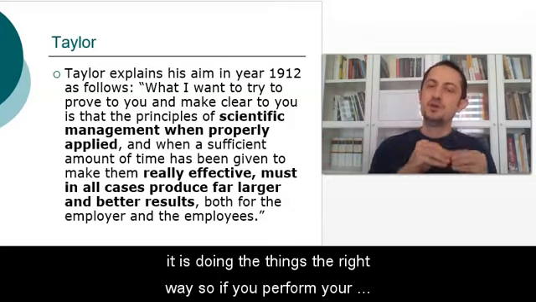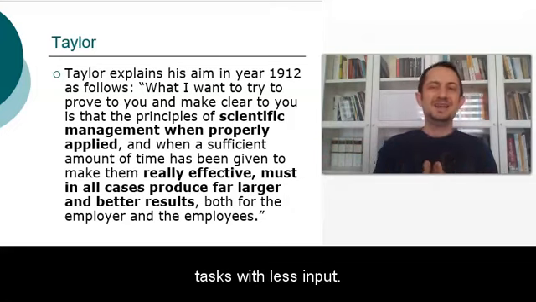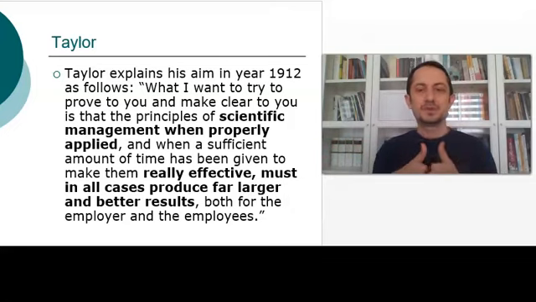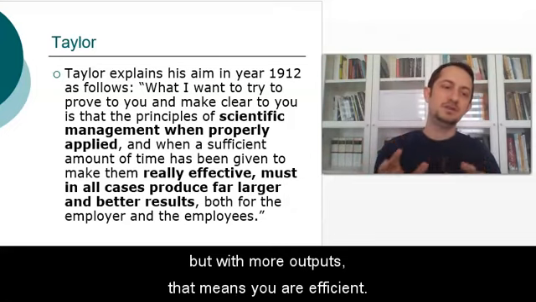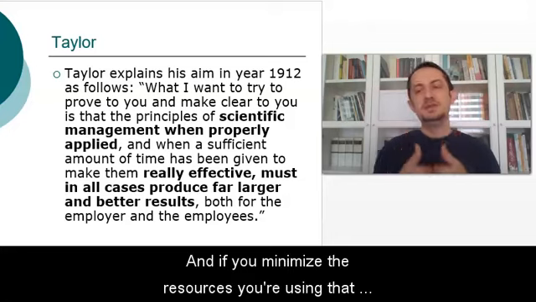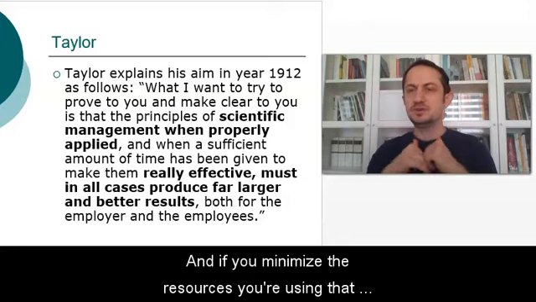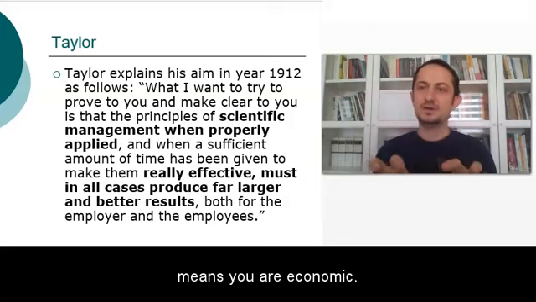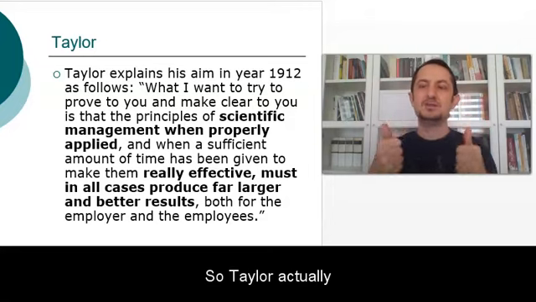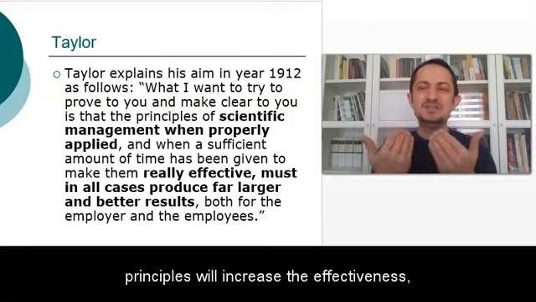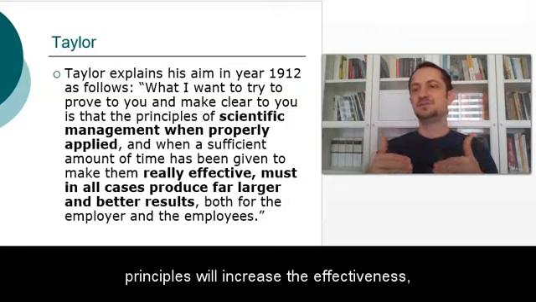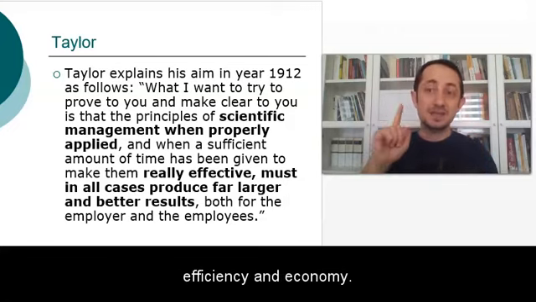So if you perform your tasks with less inputs, but with more outputs, that means you are efficient. And if you minimize the resources you're using, that means you are economic. So Taylor actually believes that implementation of scientific management principles will increase the effectiveness, efficiency, and economy.